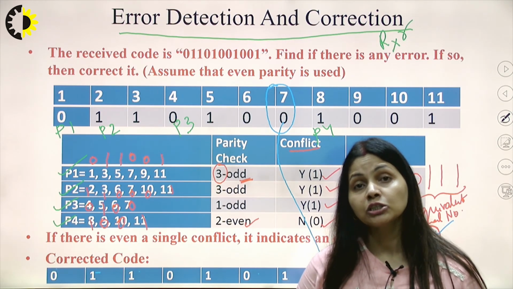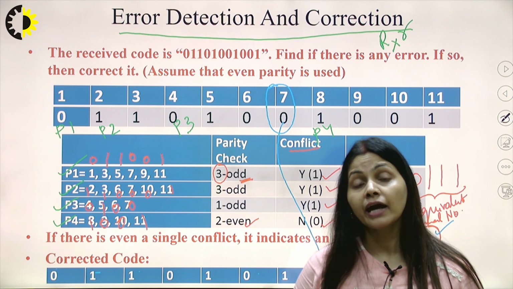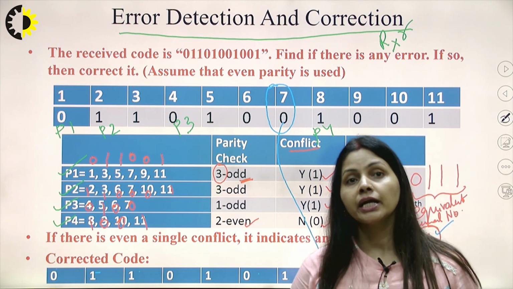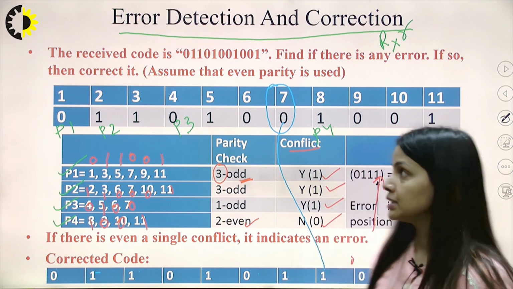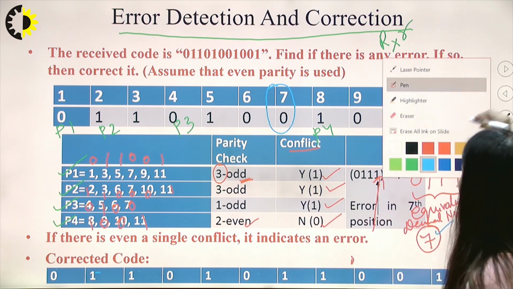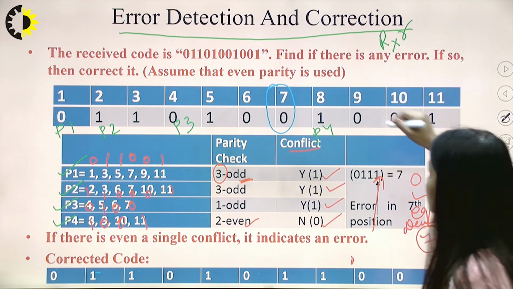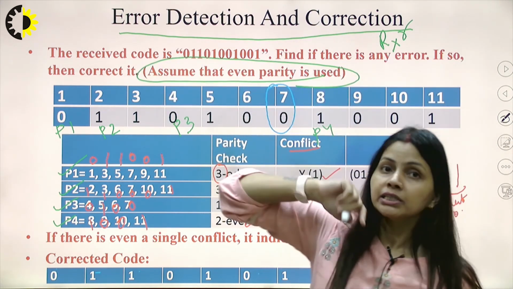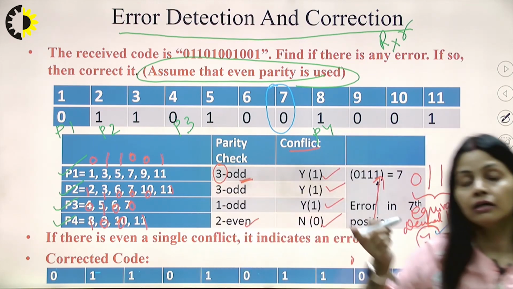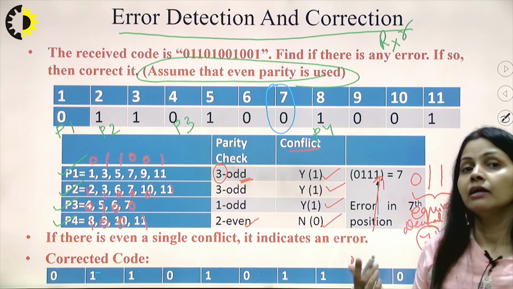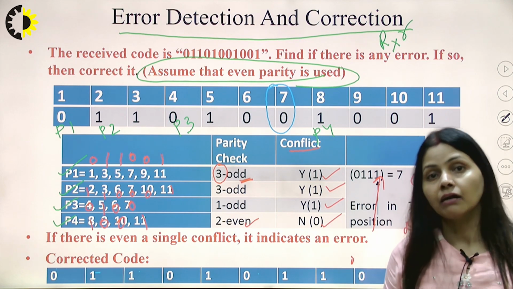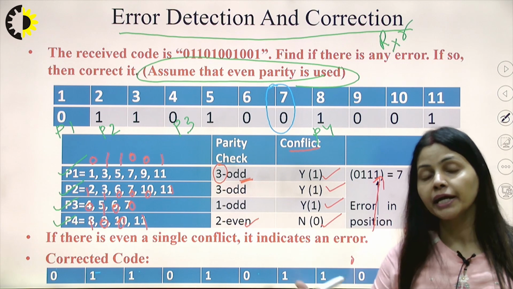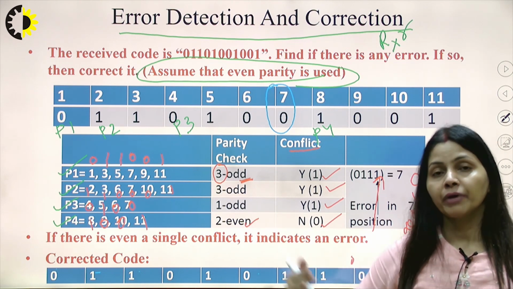The receiver must know whether the parity bits are added as even parity or odd parity. That information is very necessary. The parity bits which are already present with the transmitted data are added according to the odd parity or according to the even parity.